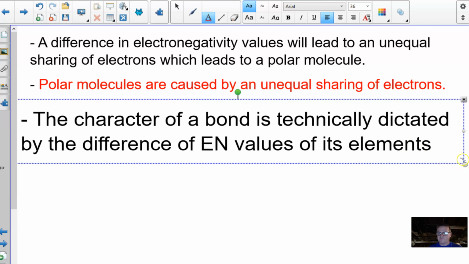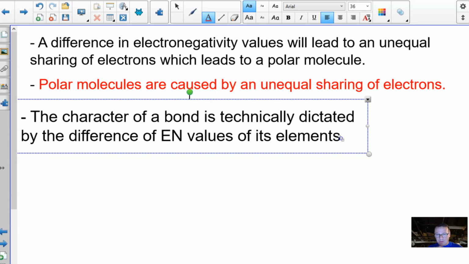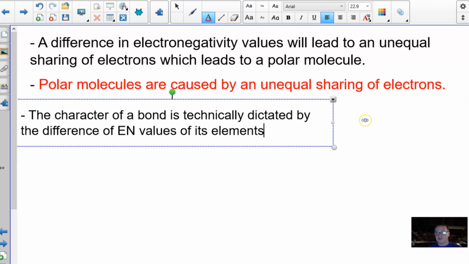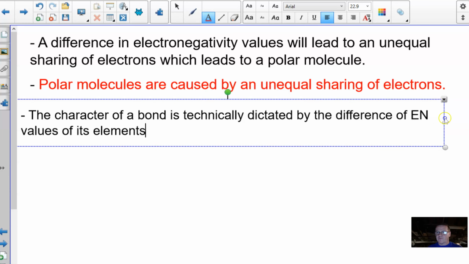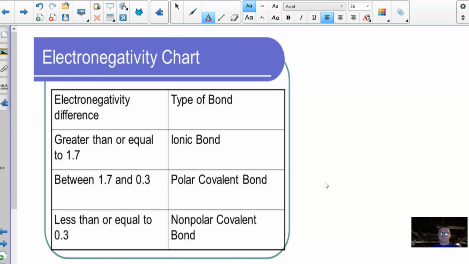And I know that we've talked about ionic bonds being formed when elements transfer electrons, and covalent bonds when elements share electrons. I want to pull up this electronegativity chart. Look at the ionic bonds first.